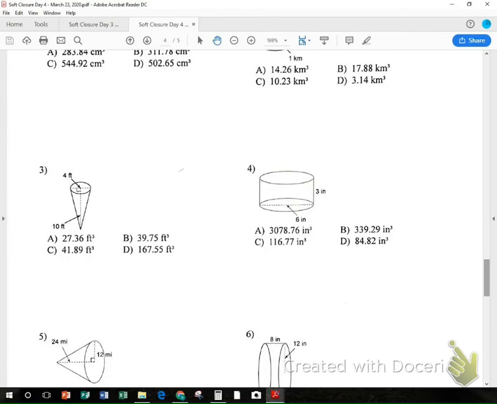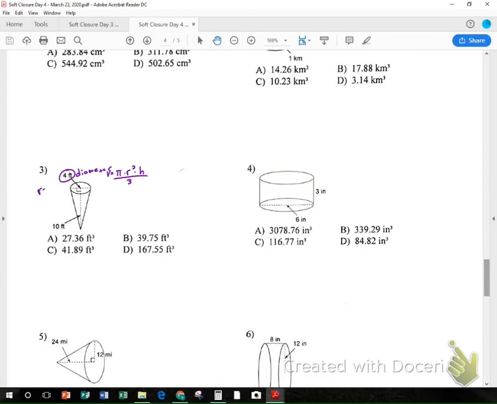So number 3. It's a cone, so cone is pi times the radius squared times the height divided by 3. This here is the diameter, yeah.